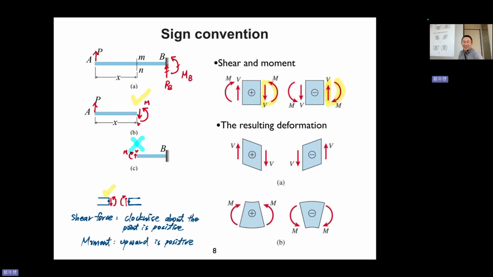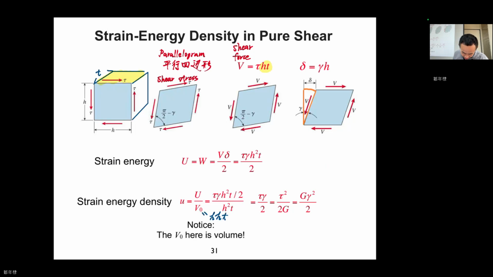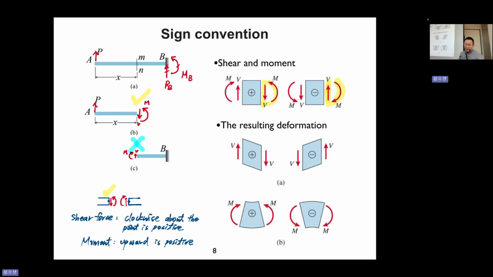Parallelogram, yes. So after the shear, you become a parallelogram, a different shape, positive and negative. And if you have a moment like this, you will make it smile. It's positive M, smile, or cry, negative M. So this is quite important.